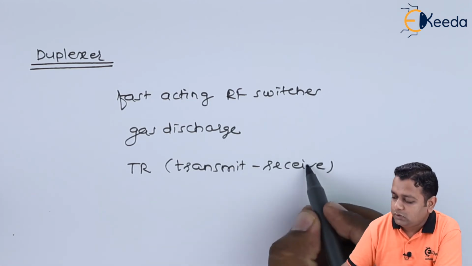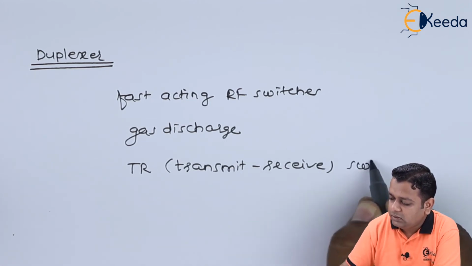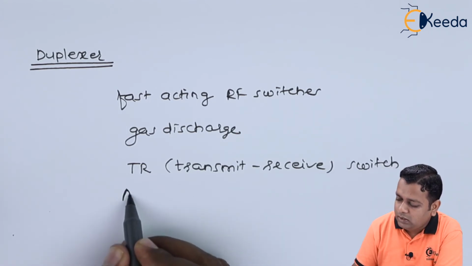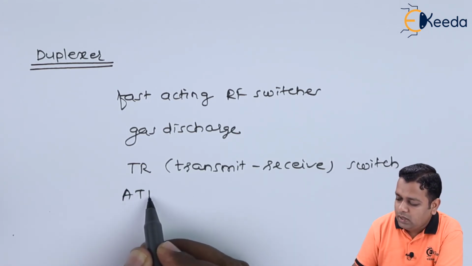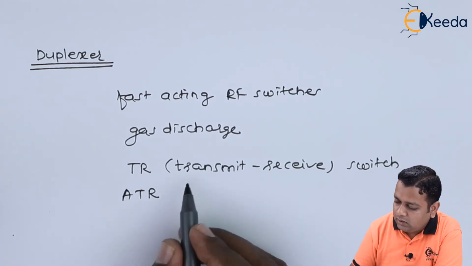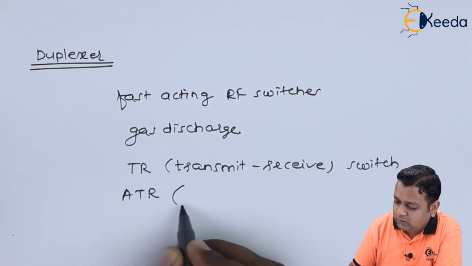The TR can also be regarded as a switch, and along with the TR there is also the possibility of having ATR, ATR standing for the anti transmit receive switch.